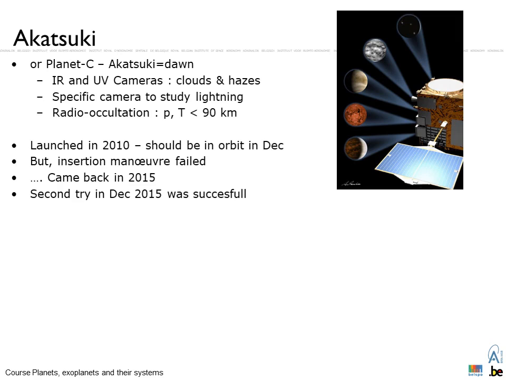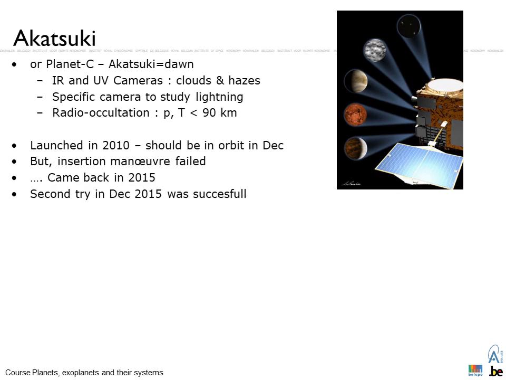Some words now about missions to Venus. The only remaining spacecraft around Venus for the moment is Akatsuki, which was launched in 2010 and was supposed to get into the Venus orbit in December the same year.